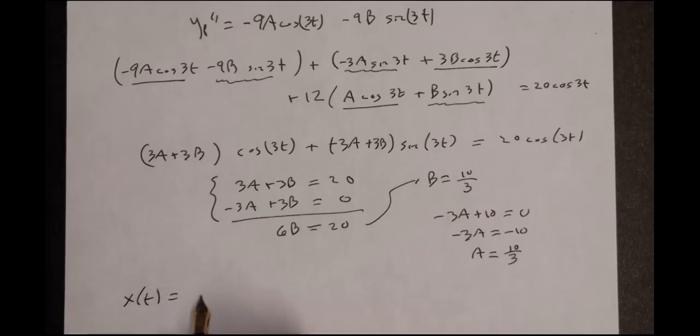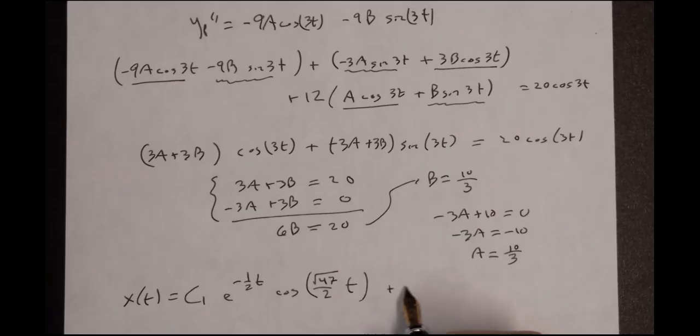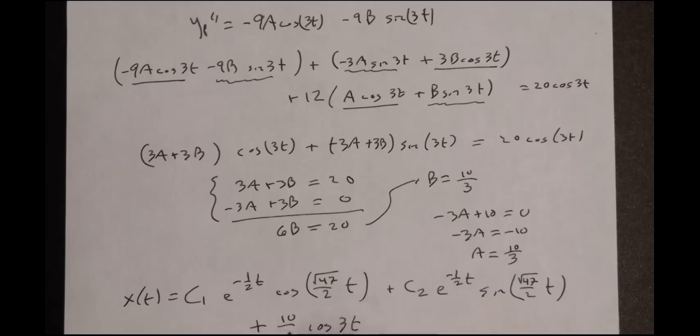X of t equals C1 e to the minus 1/2 t cosine square root 47 over 2 t plus C2 e to the minus 1/2 t sine square root 47 over 2 t plus 10/3 cosine 3t plus 10/3 sine 3t.